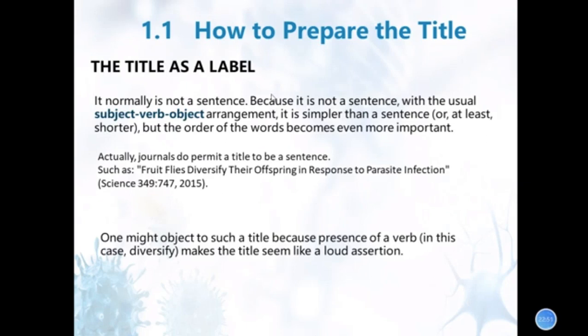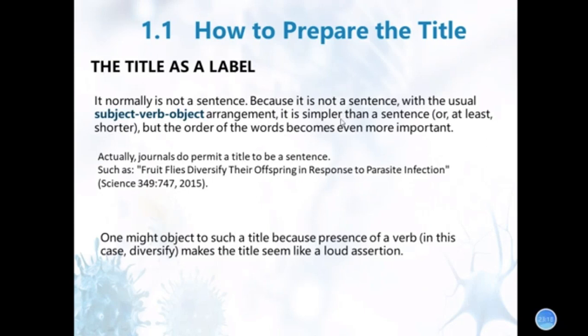Another thing we should remember is the title as a label. It normally is not a sentence, because it is not a sentence with the usual subject, verb, object arrangement.